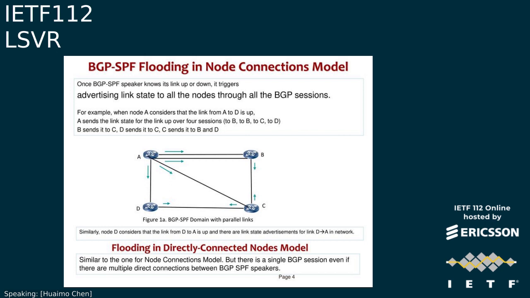For example, node A will send 4 copies of the same link states through 4 sessions. The first session is from A to B, the second session is also from A to B, the third session is from A to C, and the fourth session is from A to D. After receiving these link states, the other nodes will do similar things and send those link states along the sessions.